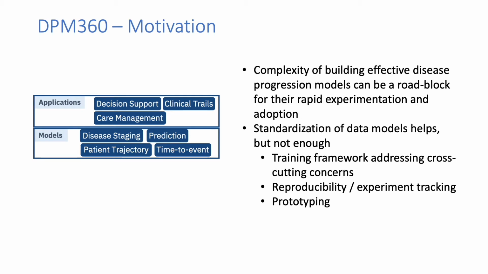Furthermore, to accelerate the DPM research, a data scientist's available tools should always include a mechanism for rapid prototyping by being able to convert models into microservices and deploying them into a cloud environment. So that is the motivation for our team to build the DPM 360.